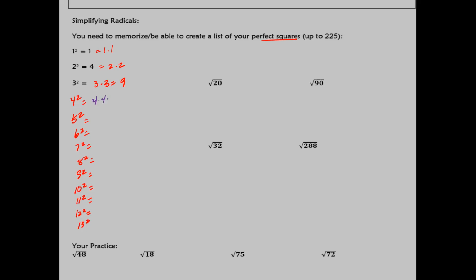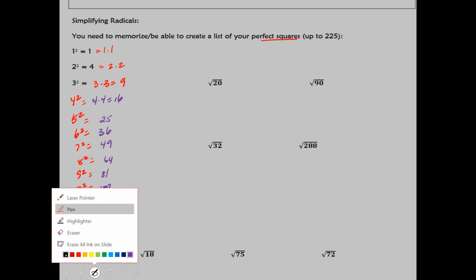Hopefully you know that 4 times 4 is 16, 5 squared is 25, 36, 49, 64, 81, 100, 121, 144, and 169.